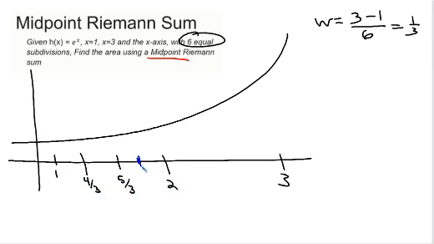I'm going to use this midpoint, which comes up here and is halfway, and that's what I'm going to use for my rectangle. And that midpoint, when I plug it back into the function, is going to tell me this length. So my length is going to be f of the midpoint.